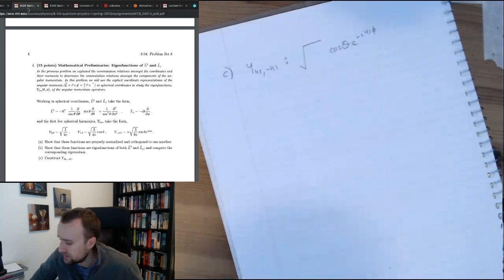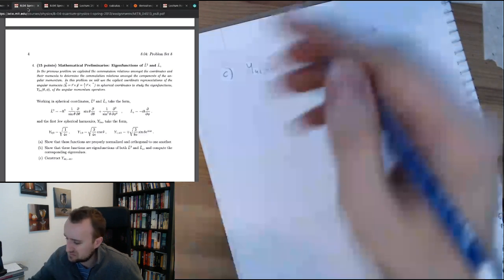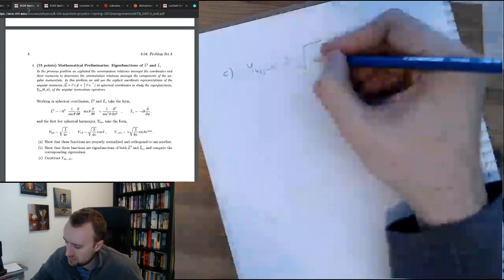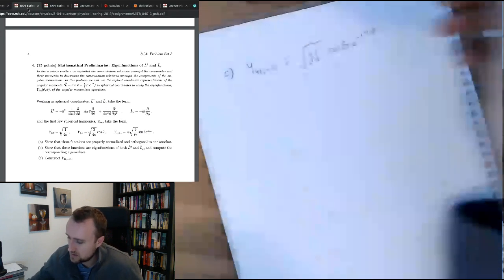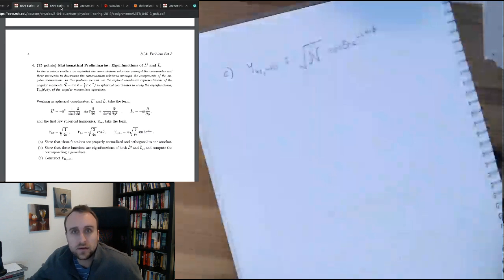Well, it's just a normalization constant. So I don't know why that's changing though. Just going to put n. I have no idea.